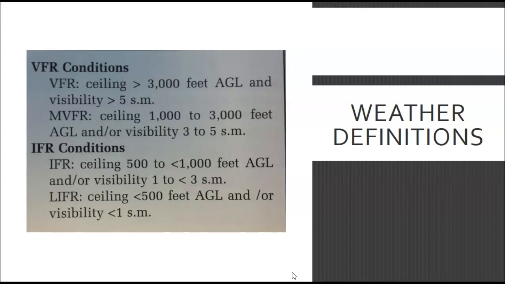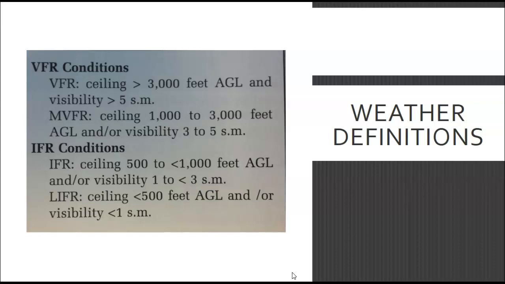Marginal VFR is defined as a ceiling between 1,000 and 3,000 feet and visibility between 3 and 5 statute miles. IFR weather is defined as a ceiling between 500 and 1,000 feet or less than 1,000 feet and visibility of 1 to less than 3 statute miles.